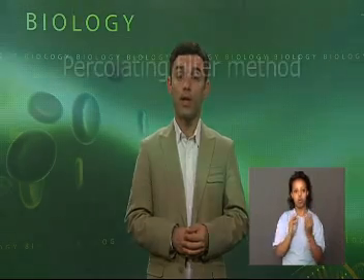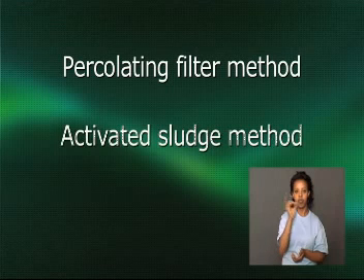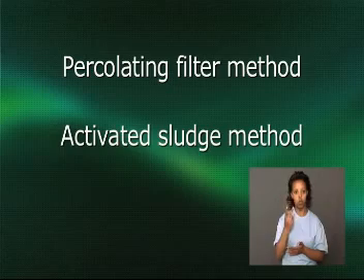There are two main methods of using microorganisms to manage sewage treatment: the percolating filter method and the activated sludge method. We will look at both methods, beginning with the percolating filter method.